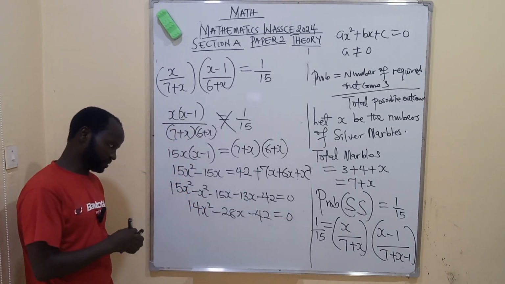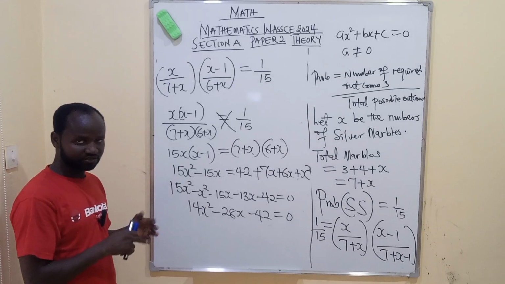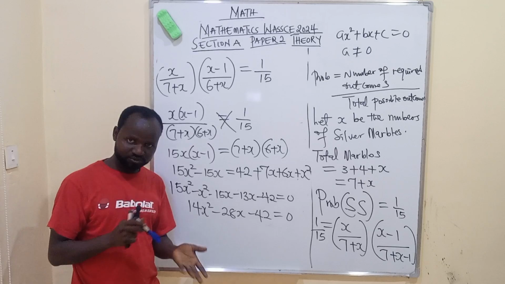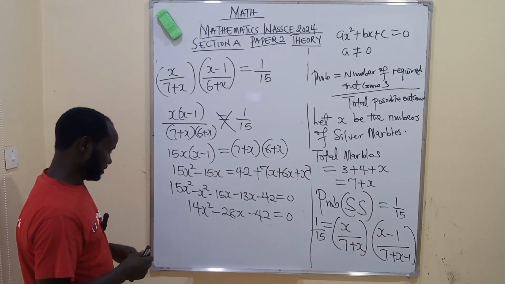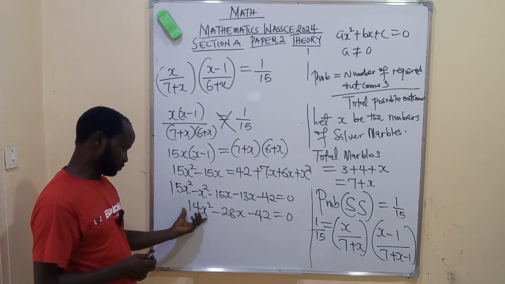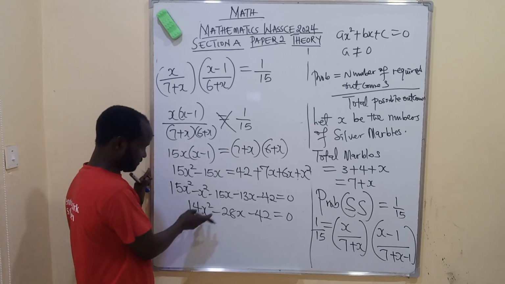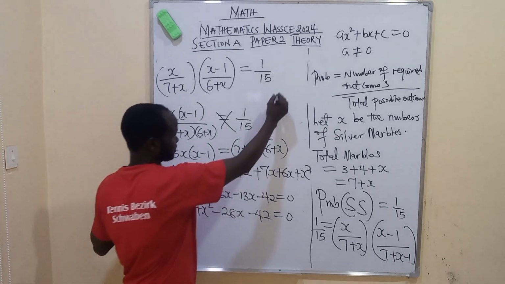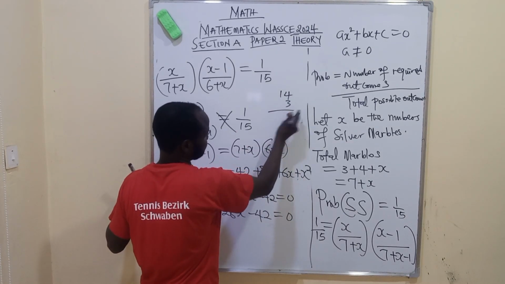So this is a quadratic equation. We can use either the factorization method, completing the square method, or formula method as the case may be. Another time again, we can reduce this. Yes, we can divide through by 14, can we? Yes, we can divide through because 14 is a factor of 28. Let's check, is 14 a factor of 42? Times 3, yes.